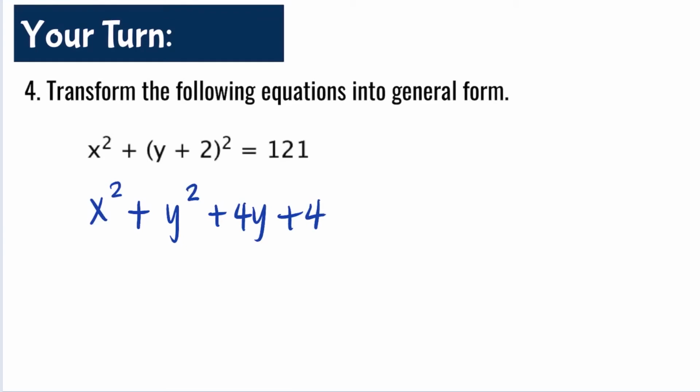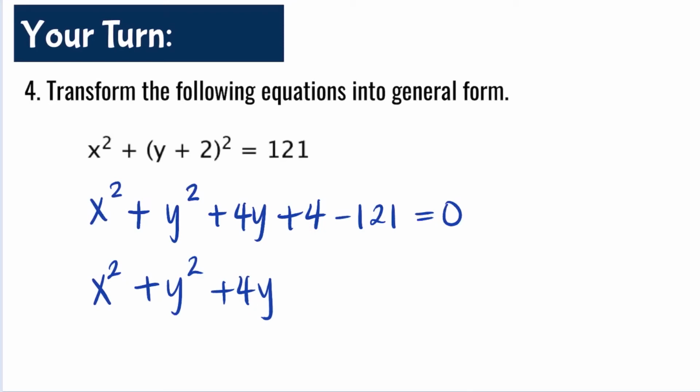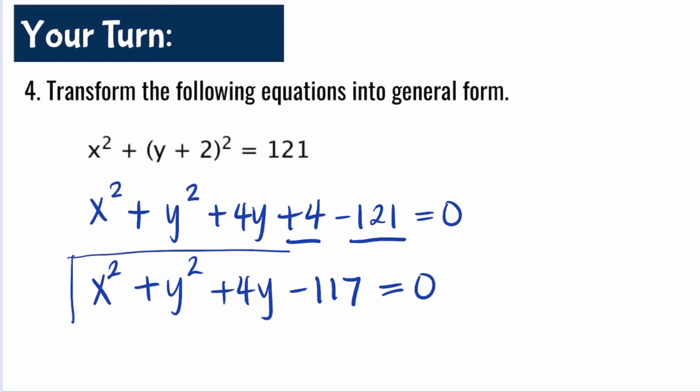And then we transfer 121 over to the left. That is minus 121 is equal to 0. Simplifying this further, we copy x², y², 4y, and combine 4 and negative 121. So that's minus 117 is equal to 0. This is the general form.